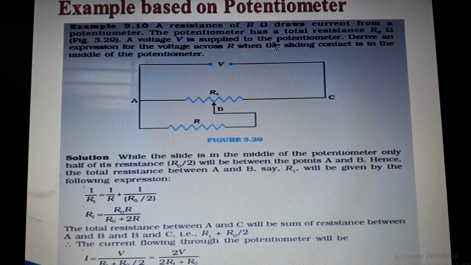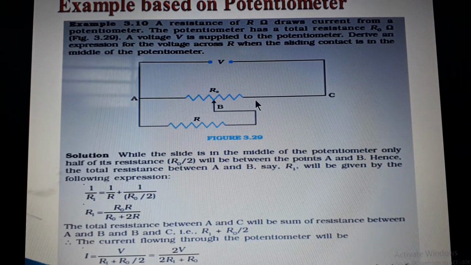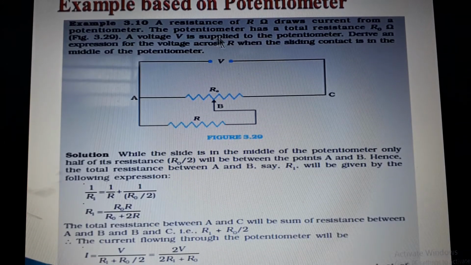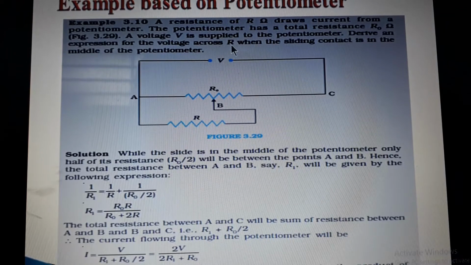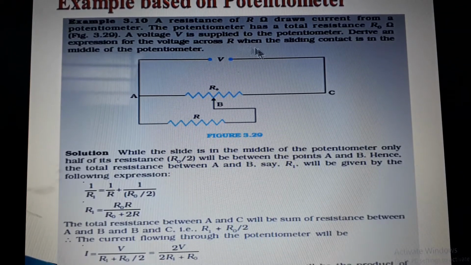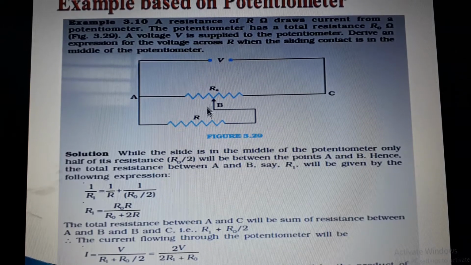The potentiometer has a total resistance R0 ohm. A voltage V is supplied to the potentiometer. Derive an expression for the voltage across R when the sliding contact is in the middle of the potentiometer.